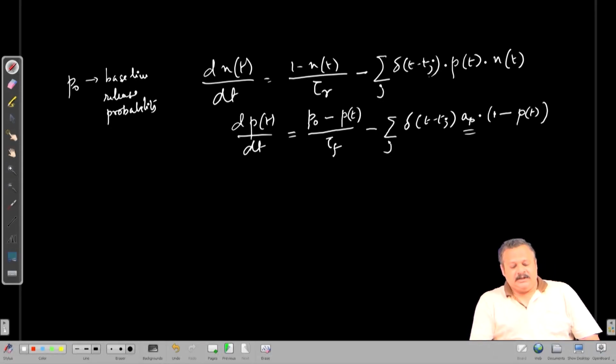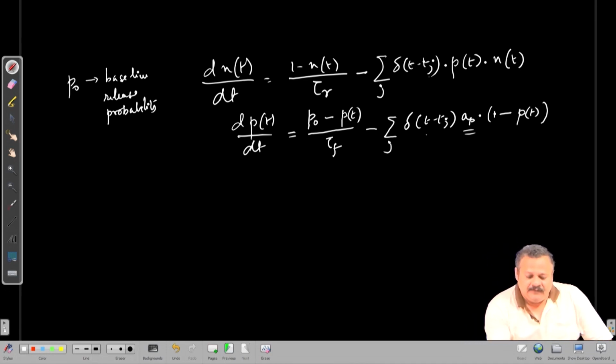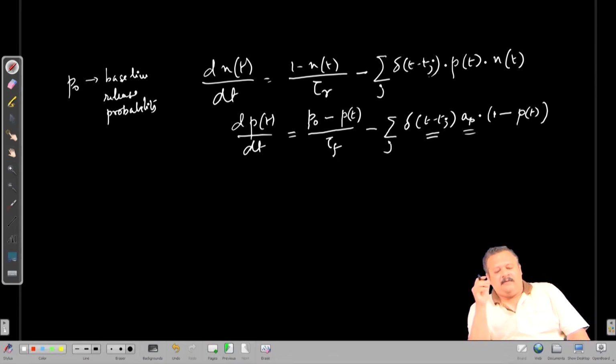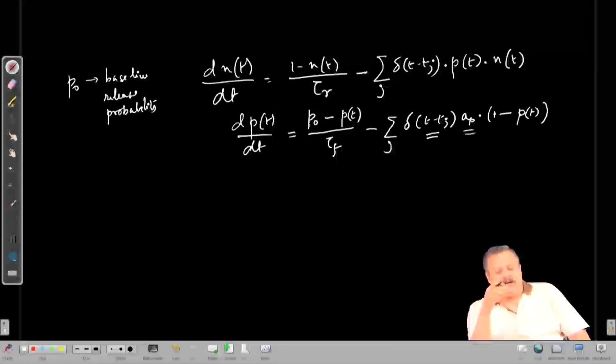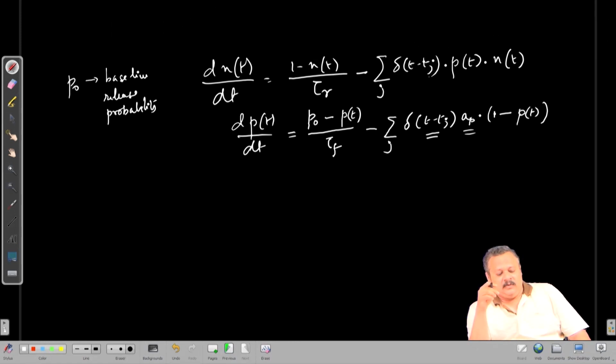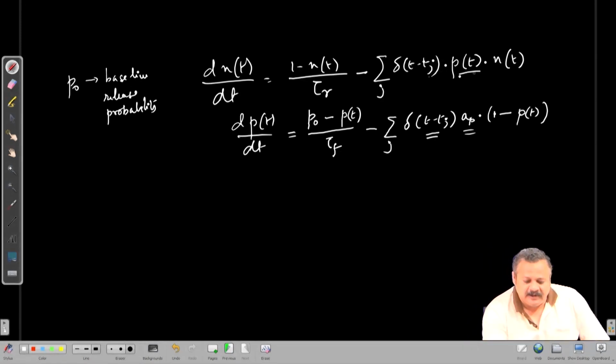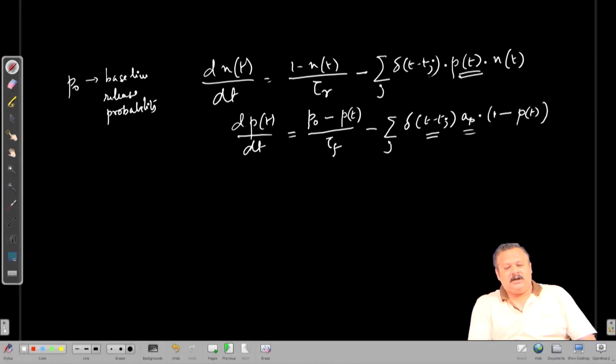So, now as you can see, if the probability of release with every spike keeps increasing, then in subsequent spikes there will be a larger probability of release, a larger NT release, and a larger reduction in NT.